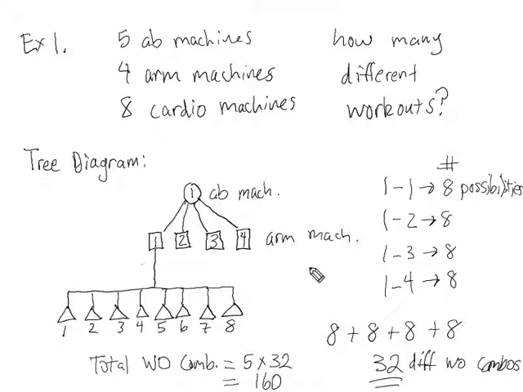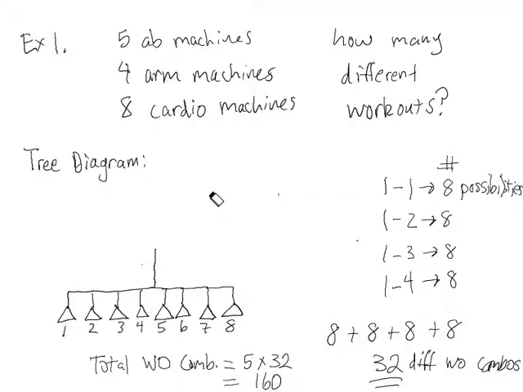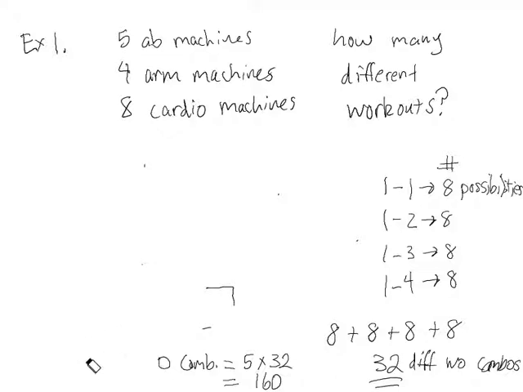So it turns out there's a much easier way to determine how many different combinations of workouts there are, and that is using the fundamental counting principle. Okay, and what I did there was really a combination of the tree diagram and the fundamental counting principle.